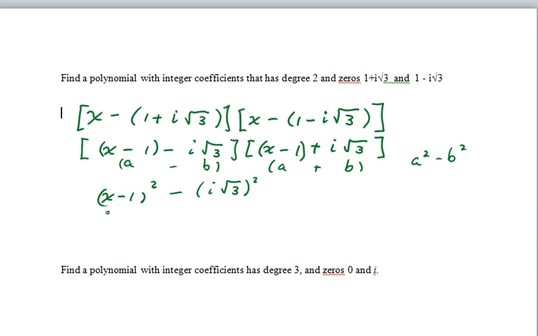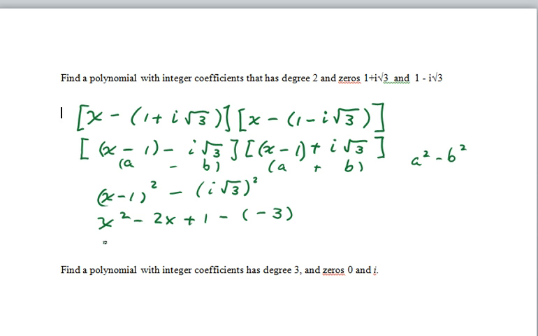The (x minus 1) squared will give us the trinomial x squared minus 2x plus 1, and the (i square root of 3) squared will give us minus 1 times 3, or negative 3.